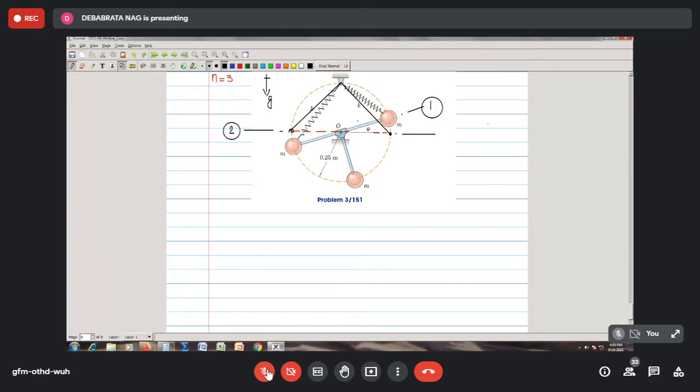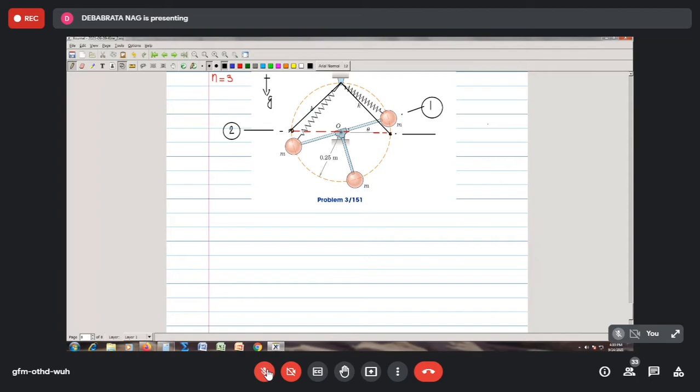Why is it not having any moment? Otherwise this rod cannot rotate. So the rotational degree of freedom is open here. It means that there should not be any moment acting at the bearing of point O. So the work done by the support reactions here will be equal to 0. Why?